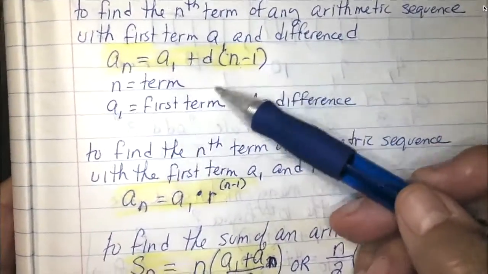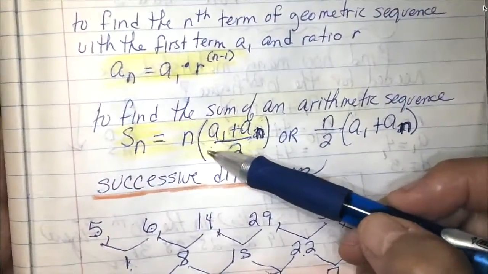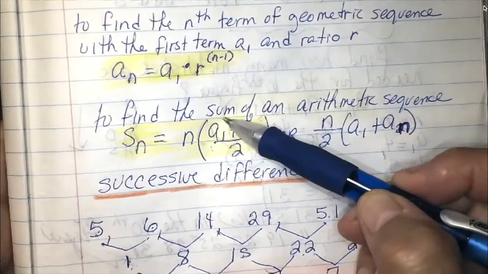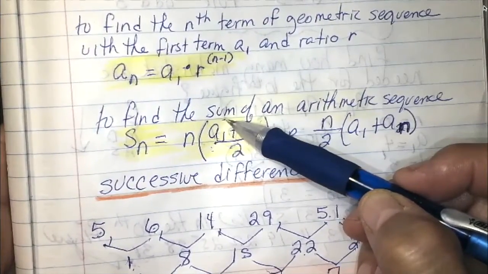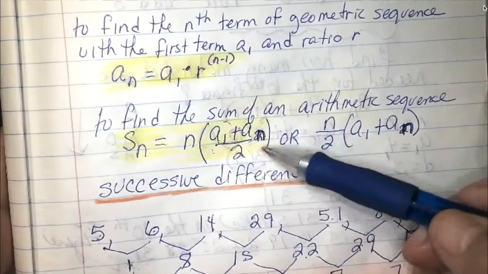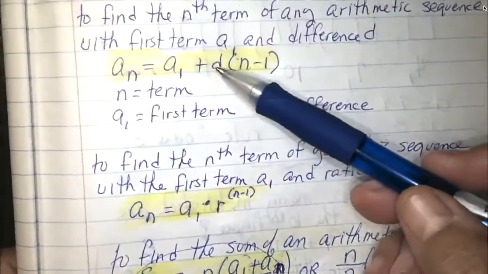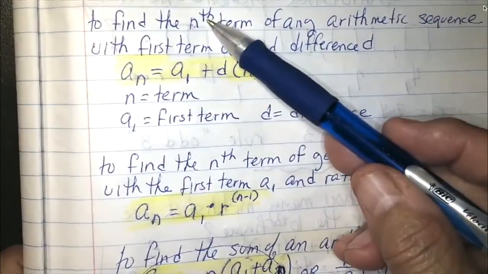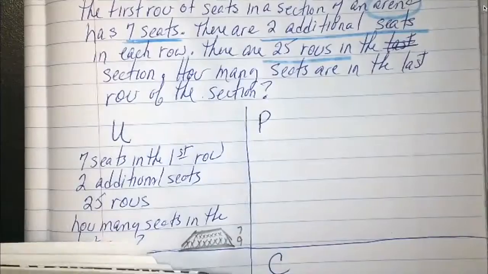It's arithmetic, so we're not using the geometric. And this formula down here is the sum. If I were to add all the seats in the auditorium from the first row plus the second row plus the third row, I would use this formula. But we are looking at just the last row, so we're using this formula. Let's go ahead and write that down.